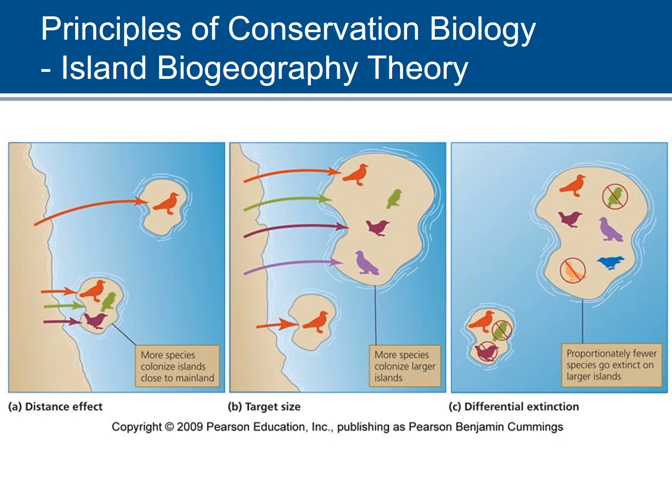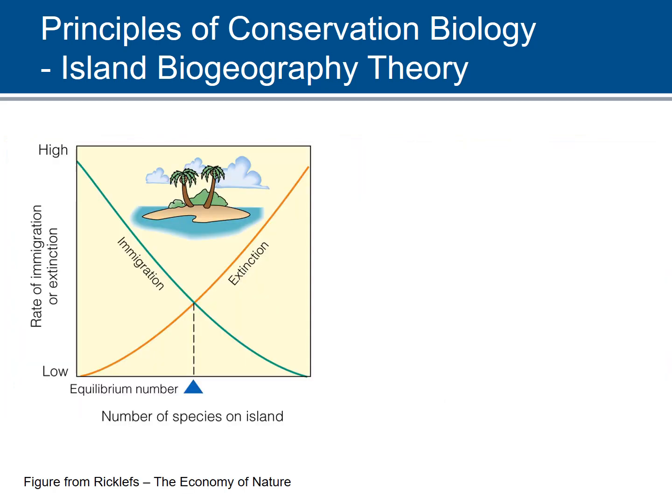So of the 6 species on the right-hand column, of the 6 species that colonized the big island, 2 went extinct, but 4 remained, survived because there's a variety of different habitats. Versus on the small island, 3 species made it there, but 2 then went extinct because there was competition among the different species. So this differential amount of extinction and immigration can affect how many species there are.